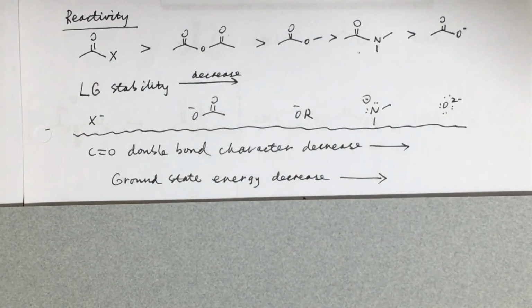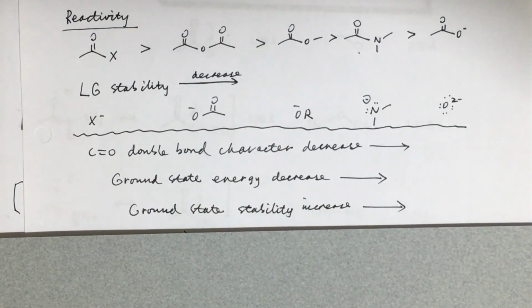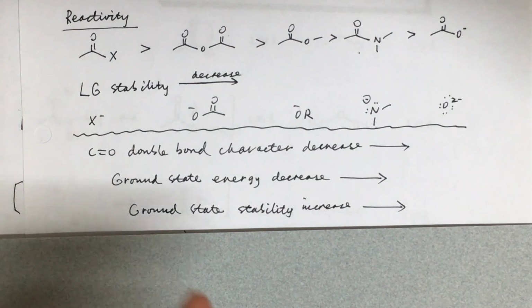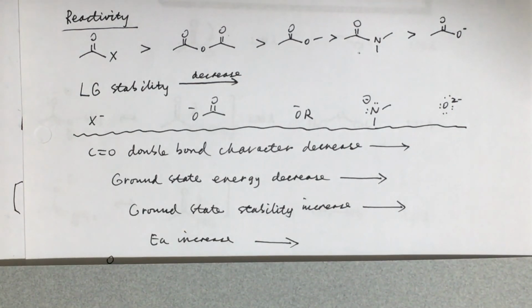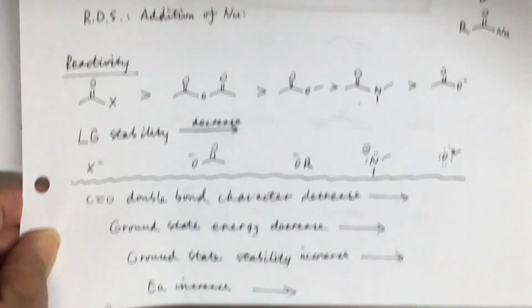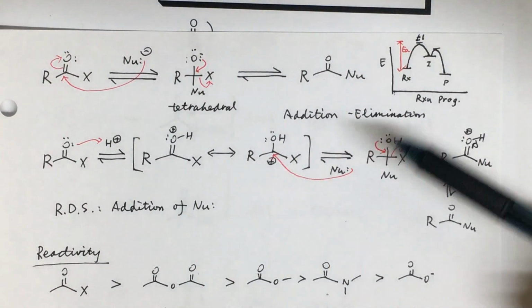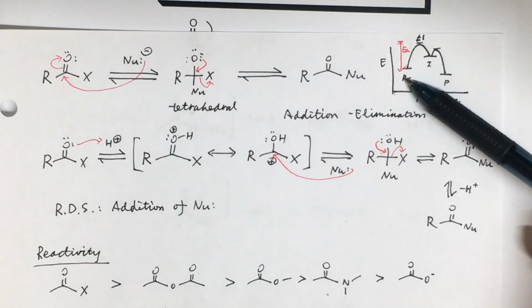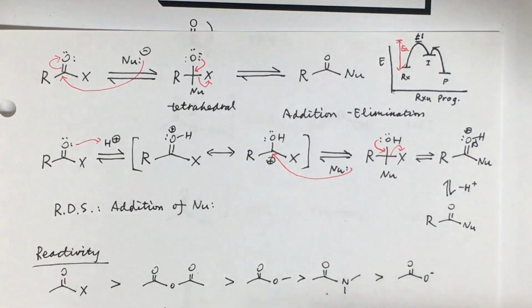The ground state stability increases from left to right, and the activation energy increases from left to right. In this rate determining step, when the ground state energy of the starting material decreases, the activation energy increases, and the reaction slows down.